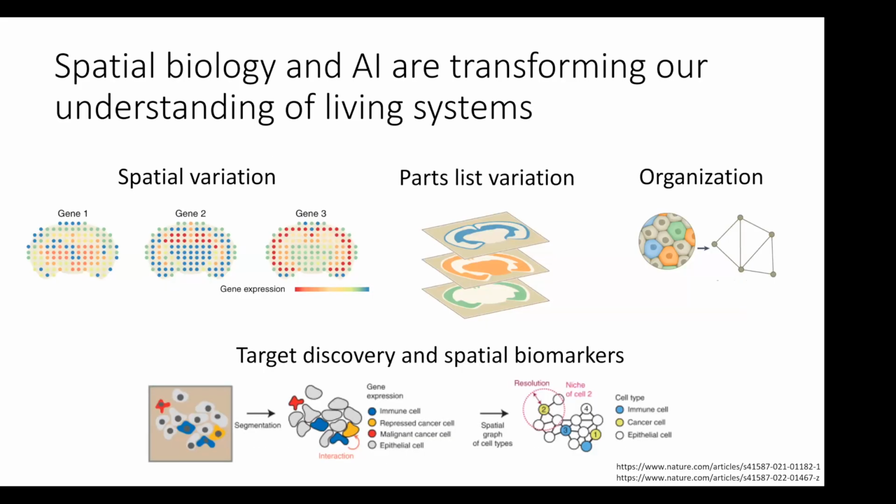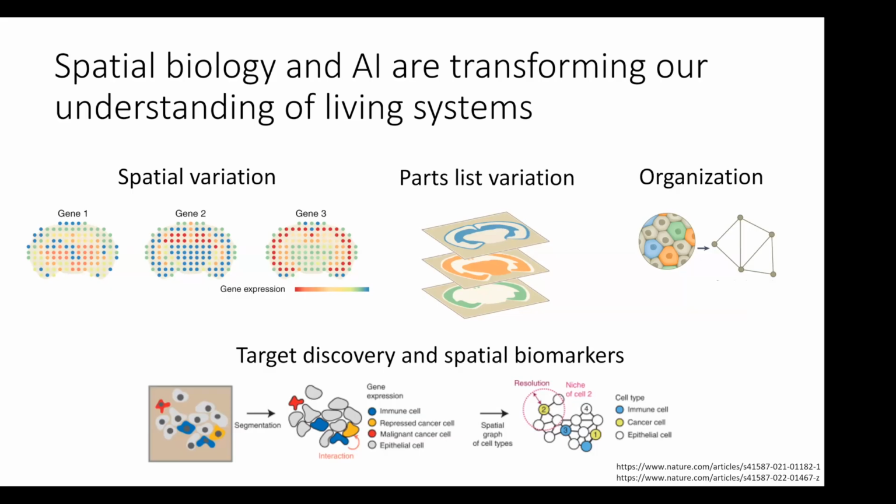If we and this broader community of AI methods developers are successful, then there's a whole range of biological discovery that's literally right in front of us, from understanding the spatial variation of gene expression to the spatial organization of different parts lists, looking at organization across different scales, going from the cellular to neighborhoods, communities and whatnot.